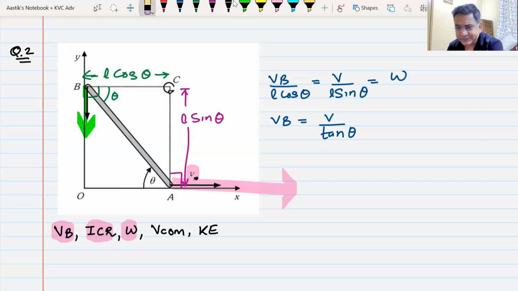No, it is not. Okay. How do I get it? I know omega. How do I get it?